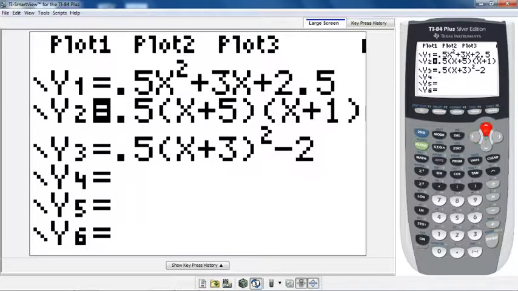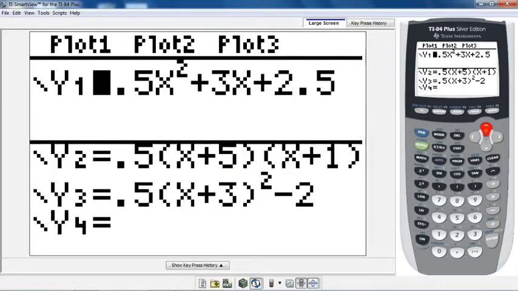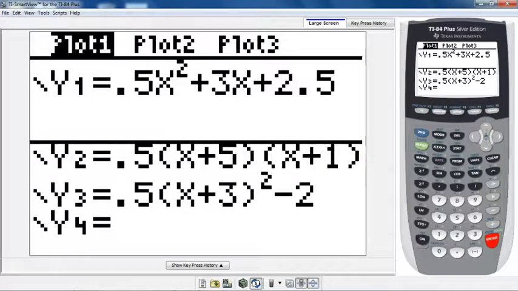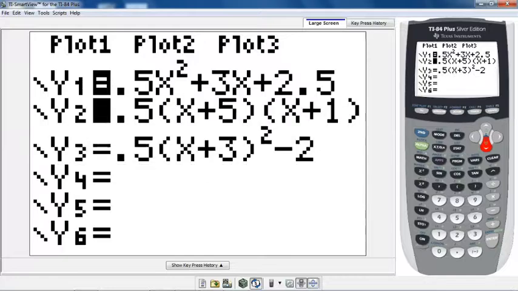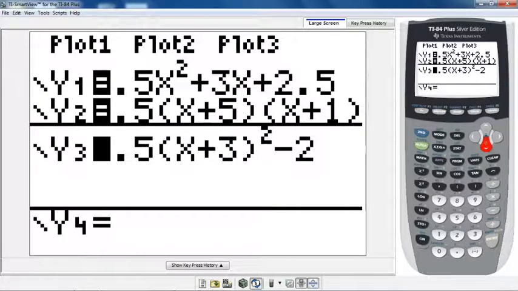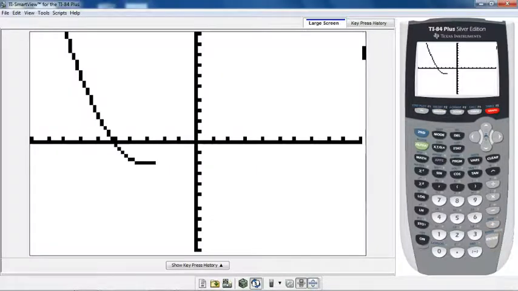And if it's the same graph, we'll know for sure. So there's y1 on, y2's on, and y3's on. Now I'm just going to hit graph. What do you know? We only have one graph on here of a parabola.